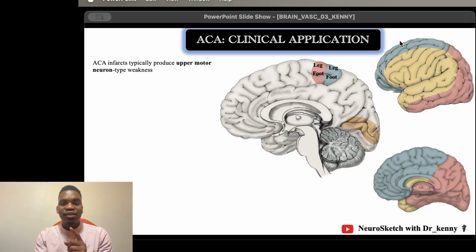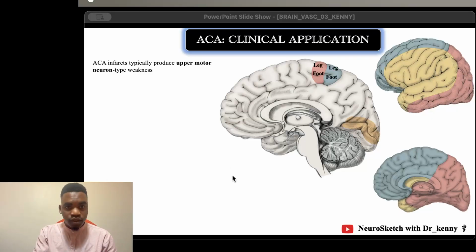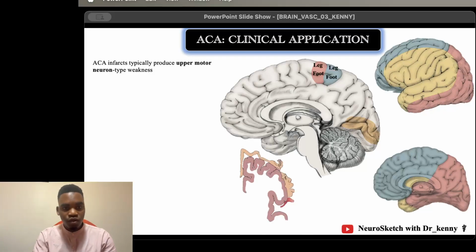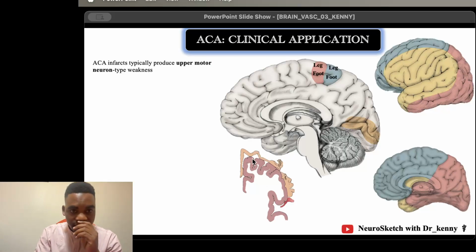So the leg and the foot will be supplied by the anterior cerebral artery. And then on the extent on the lateral surface, if you remember, we can put the somatosensory and motor homunculus, and we know that the anterior cerebral artery will supply only this part here.